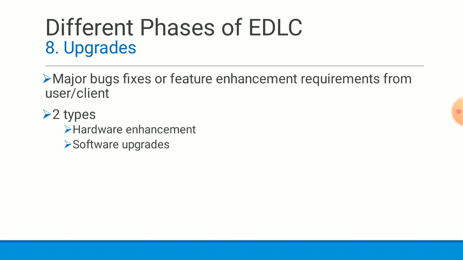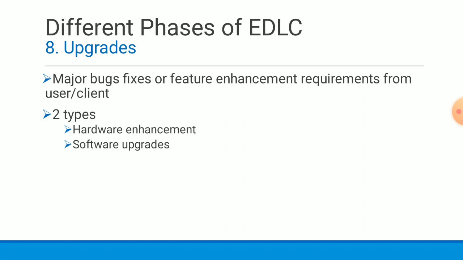Okay, so for embedded products, the upgrades may be for the product resident firmware or for the hardware embedding the firmware. So some bugs may be easily fixed by modifying the firmware, and it is known as firmware upgradation. Also feature enhancements can be easily done by firmware upgradation.